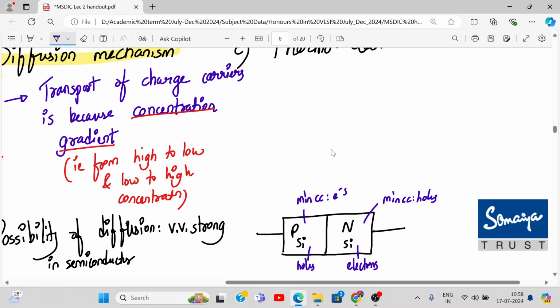For example, the majority carriers may be 10 raised to 18 per centimeter cube and the minority carriers 10 raised to 4 per centimeter cube.